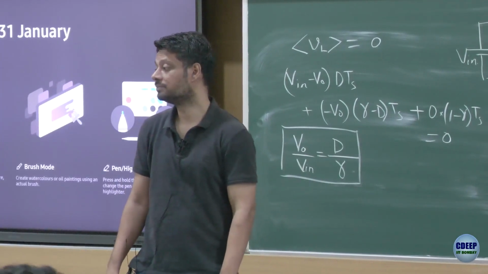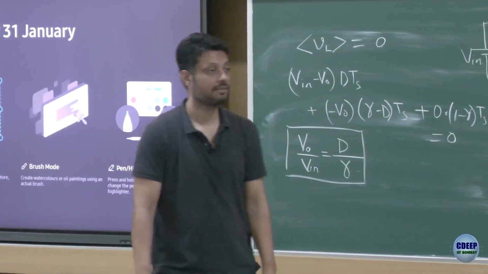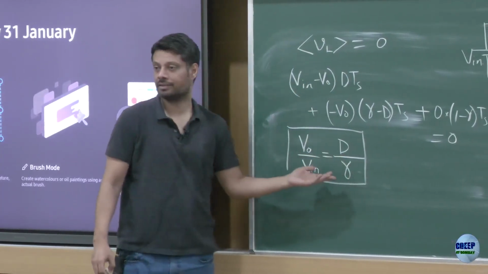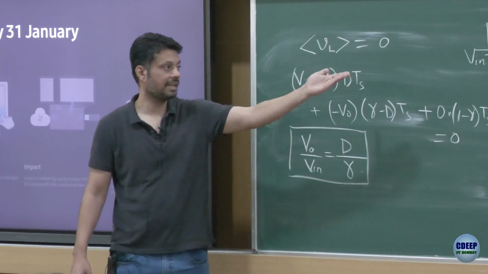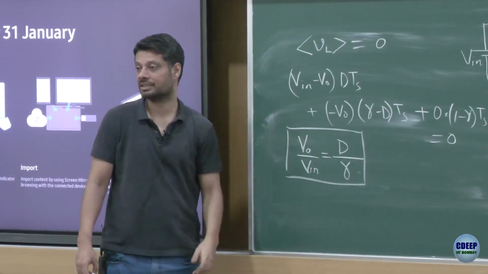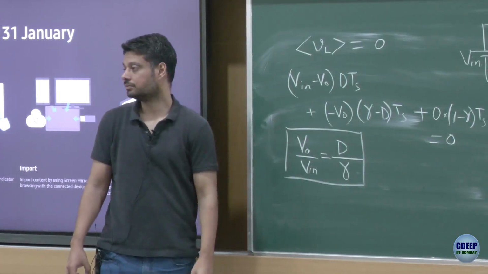It will increase, right? Because this earlier expression was D by 1, now you have gamma, and gamma is clearly less than 1. So the output voltage must be more than the previous case, right?